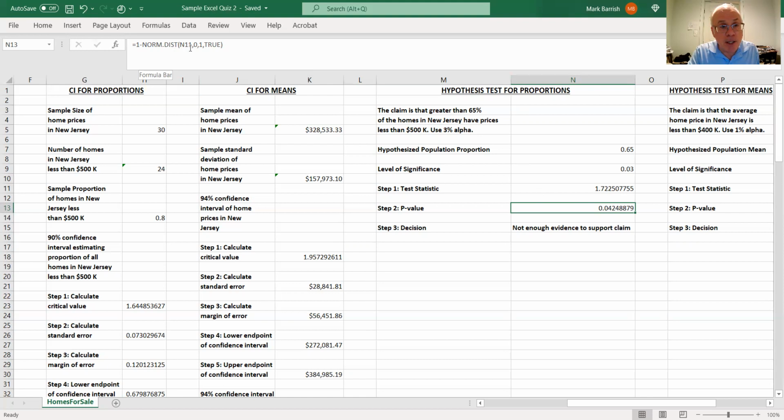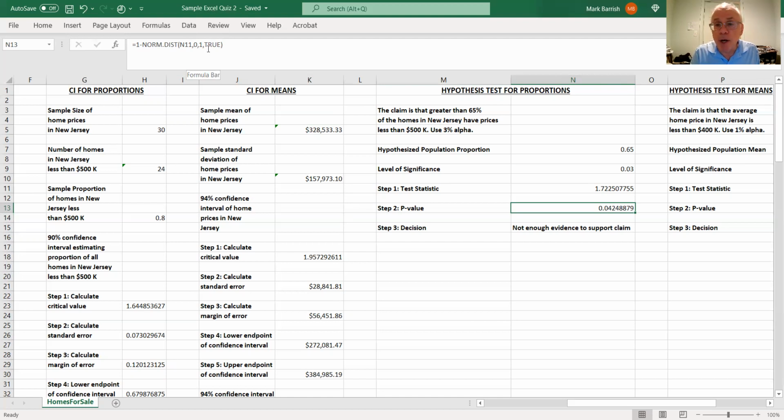Inside NORM.DIST, N11 is referring to the test statistic. That's what it's asking for there. 0, 1 are the mean and standard deviation, because it's a standard normal. Now, the thing that you have to include at the very end is TRUE. What is TRUE referring to? You have to put it in capital letters.